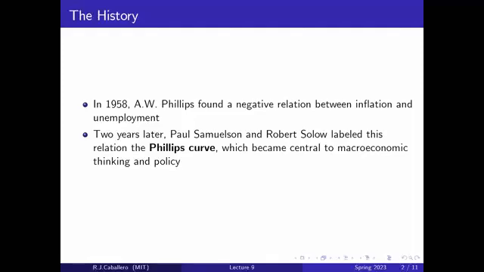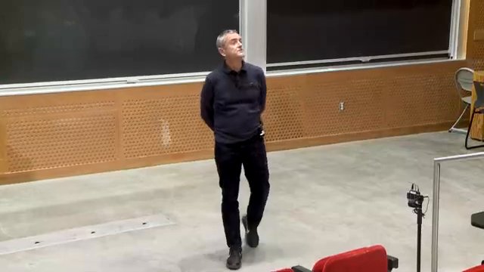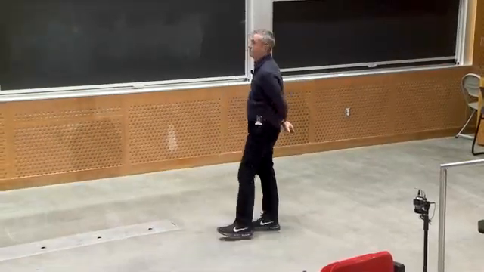And then our very own Paul Samuelson and Robert Solow labeled this relationship the Phillips curve in honor of A.W. Phillips. And nowadays it's a central concept in macroeconomics.